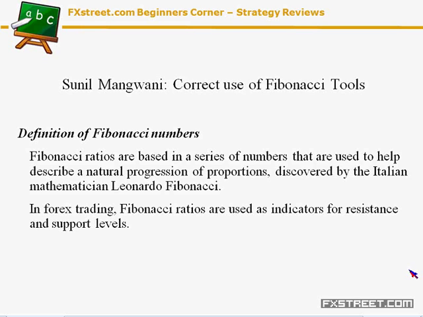Anyway, let's start by defining what Fibonacci numbers are, right? We know that we use Fibonacci ratios in forex trading, right? They are meant to be support and resistance areas. Well, those Fibonacci ratios come from a series of numbers that are used to describe a natural progression of proportions.